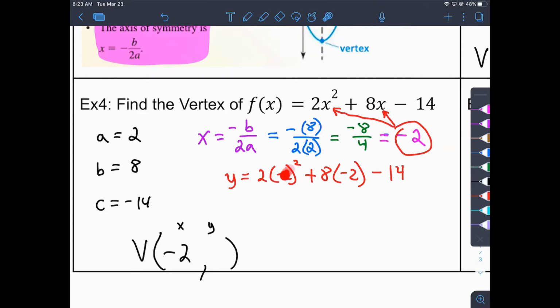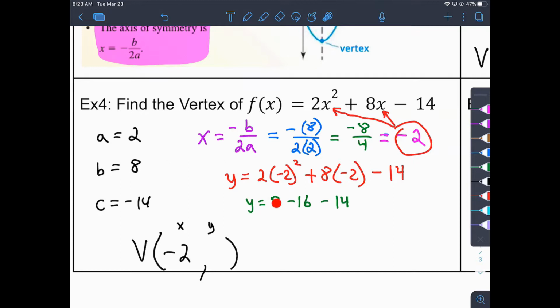Negative 2 squared is negative 2 times negative 2, which is a positive 4, times 2. That gives us 8. Then we have 8 times negative 2, which is a negative 16. And then we have minus 14.